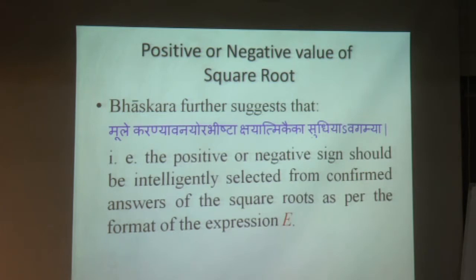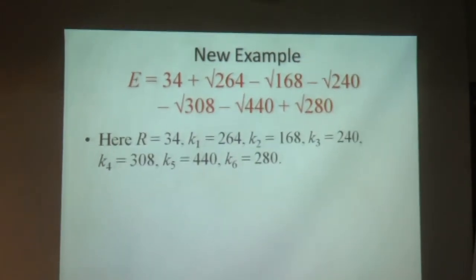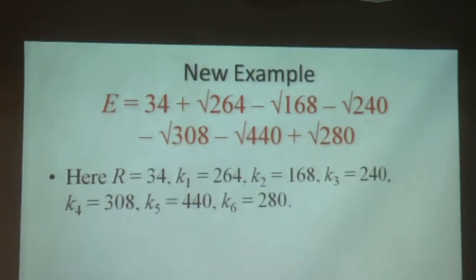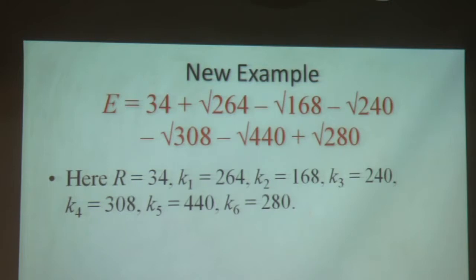Sudhiya avagamya. He is not saying anything less. He is saying Sudhiya avagamya. Judge from your side and decide which of the answers should have minus sign and which should have plus sign.